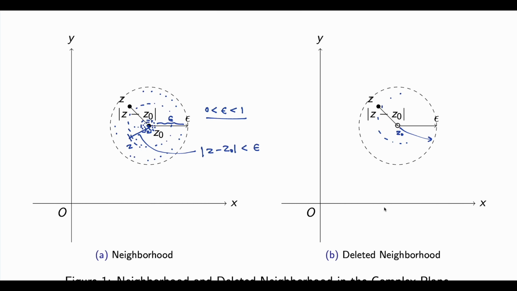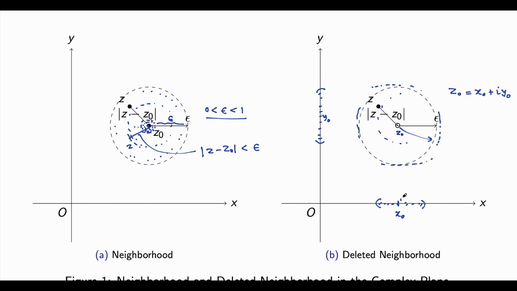Now if you see in the real line, the neighborhood of a point x0 is going to be an interval, right? Similarly, the neighborhood on the y-axis will again be an interval around some y naught. So z naught is equal to x naught plus i y naught, and you will get a shape like this and a shape like this.